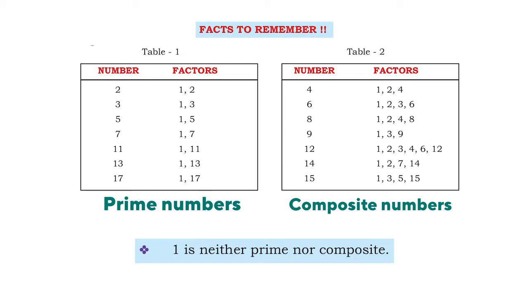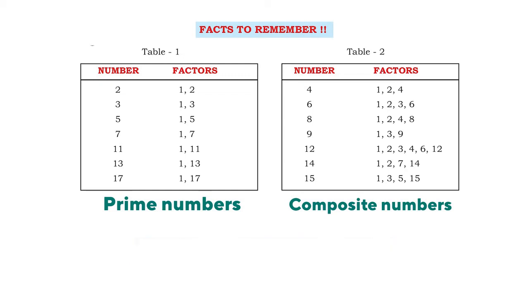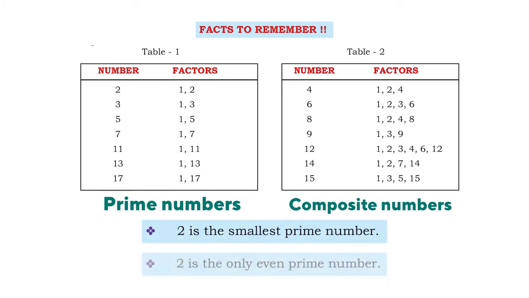That is your fact 1. How about fact 2? Notice both the tables. You will see that the smallest prime number is 2. 2 is also the only even prime number. Look at table 1, which has all the prime numbers 2, 3, 5, 7, 11 and so on.